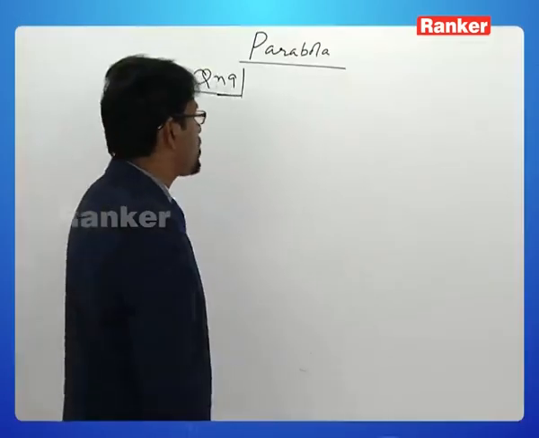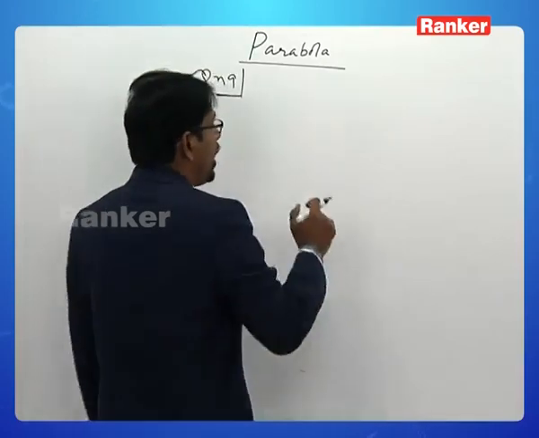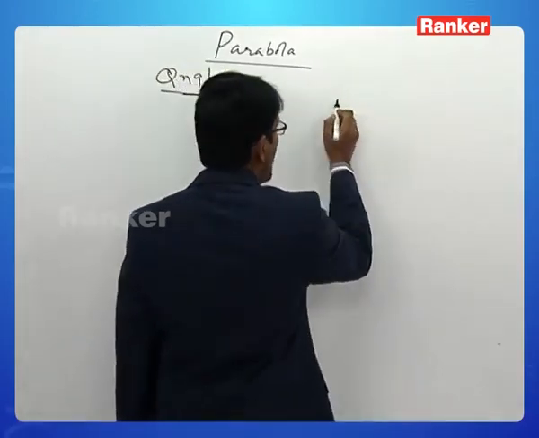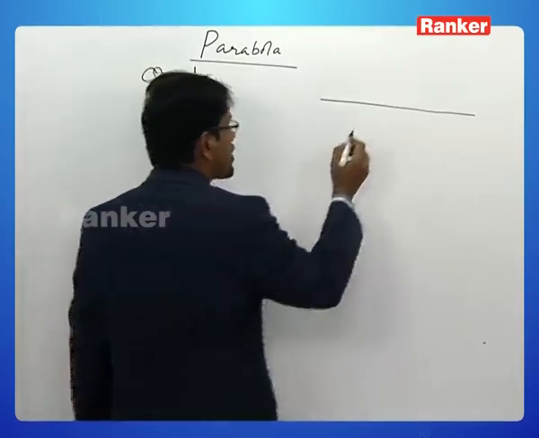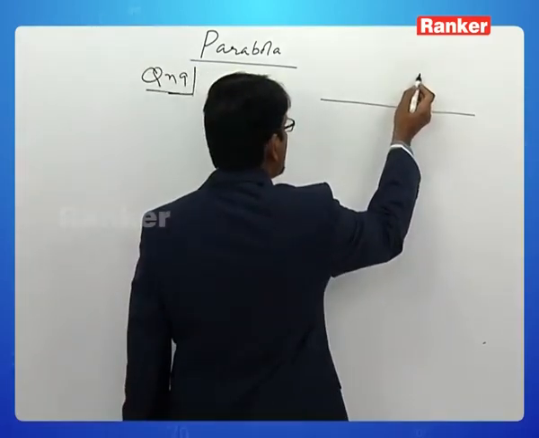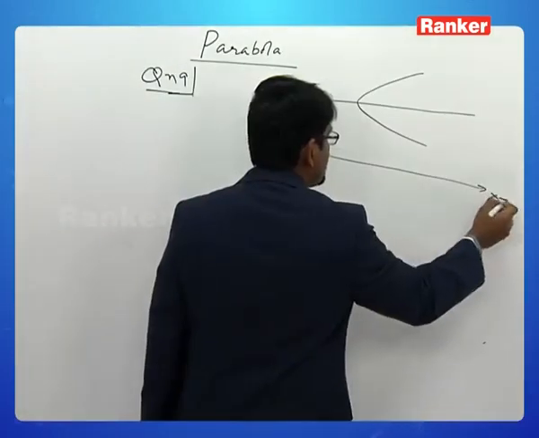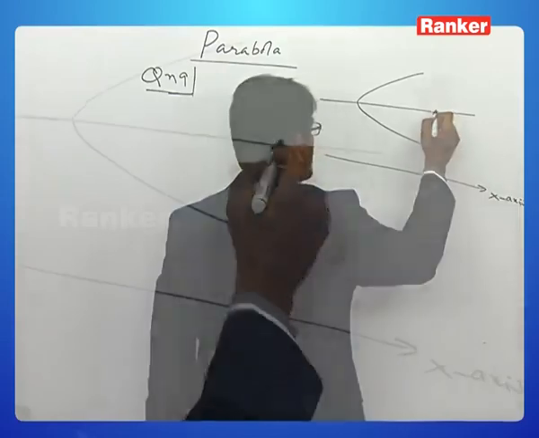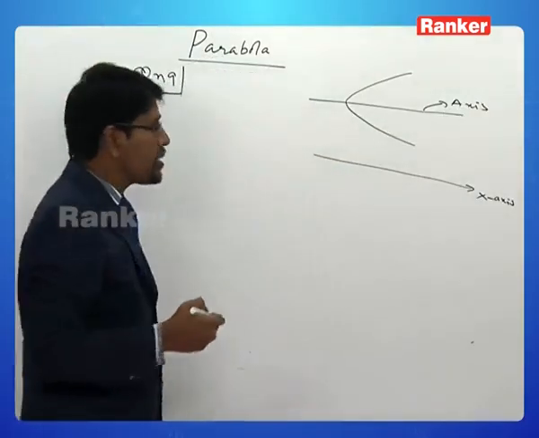Now, there is one point that we must note here. A parabola whose axis is horizontal means the axis is parallel to the x-axis. This is the x-axis maybe, and this is the axis of the parabola that is parallel to the x-axis.